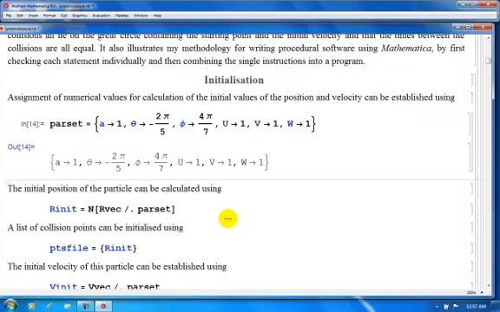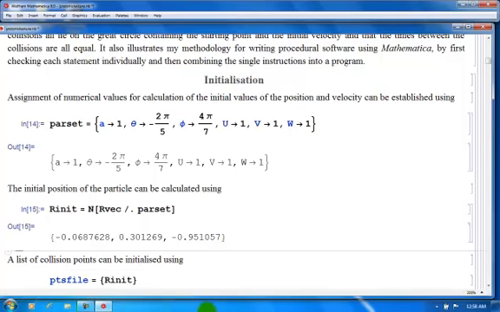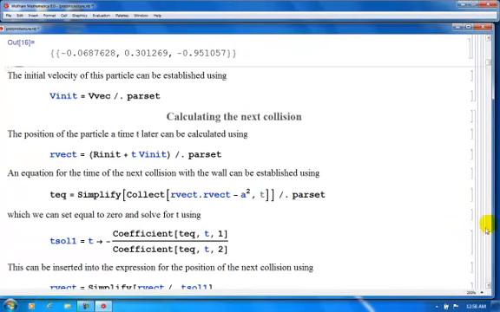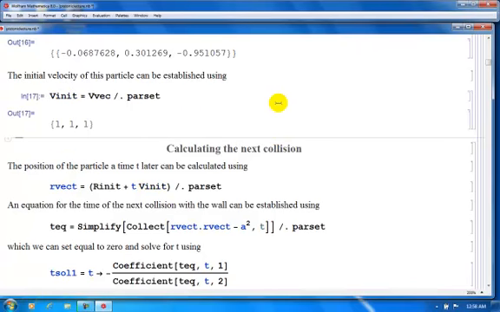Let's work out where the initial position of the particle actually is, and it's there. So we can put that into a file of the collision points. We initialize that file of coordinates using that, and then as we calculate new ones, we'll append those to that file. Now we calculate the initial velocity numerically, and it's of course that.